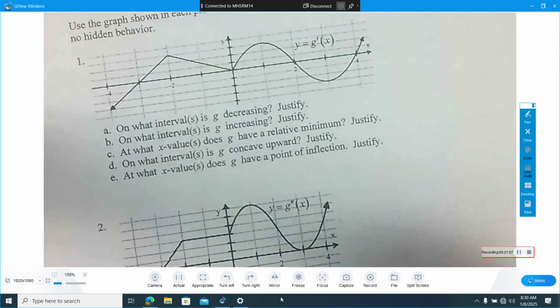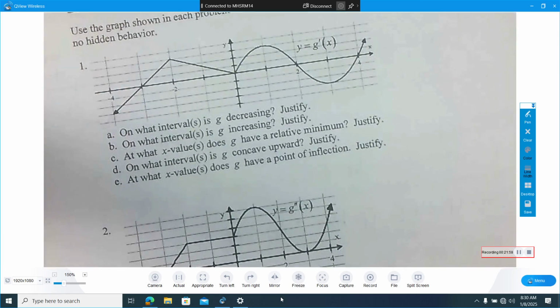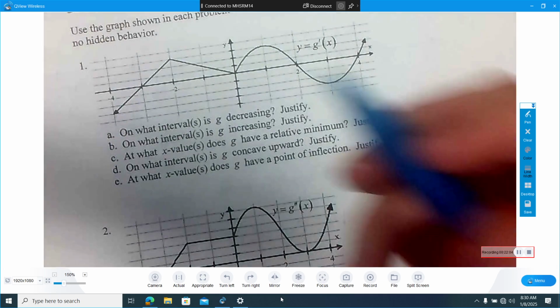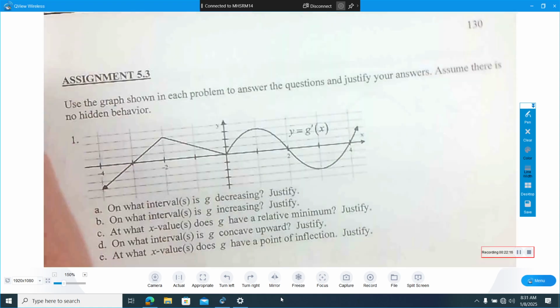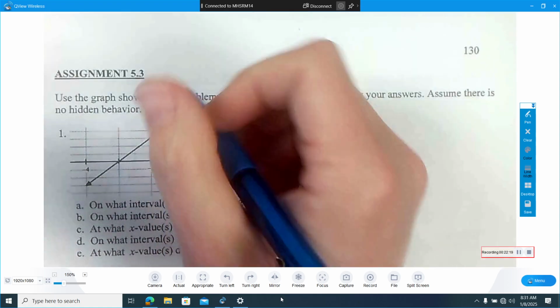All right, so fantastic. You have some bookwork. Let me write it down for you. It is online. We're going to do number 12 together.